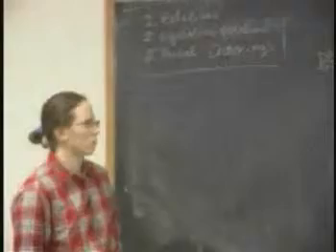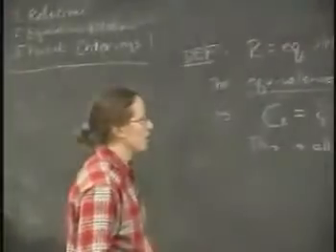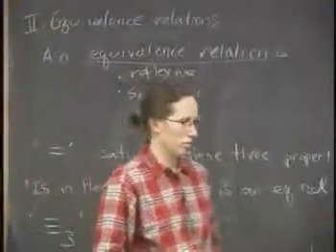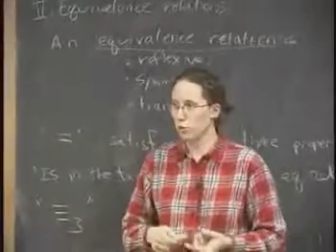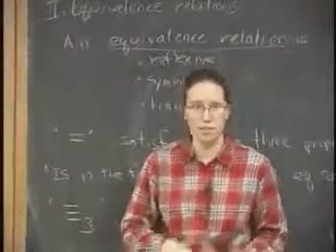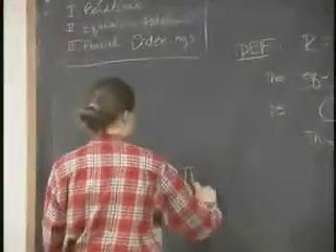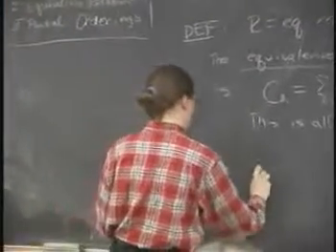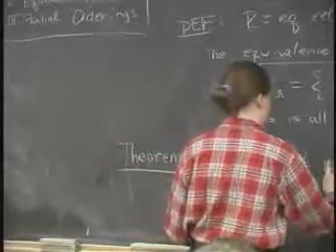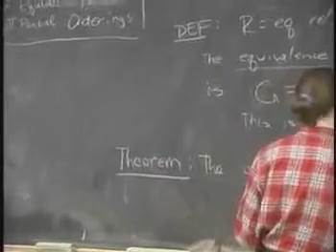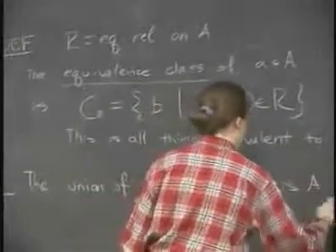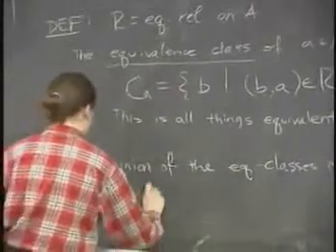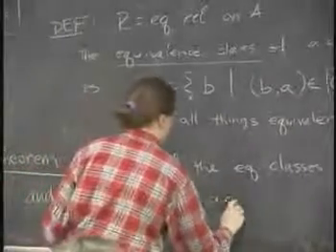So the theorem is, it turns out that the set of equivalence classes are a set of non-empty sets whose union is the entire set, and they're disjoint. The union of the equivalence classes is A, and the equivalence classes are disjoint.